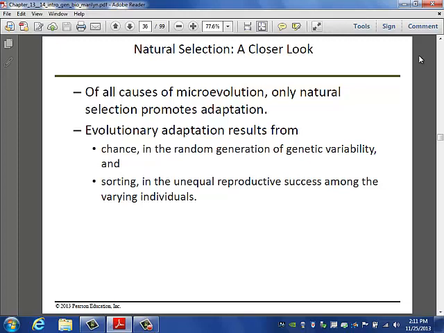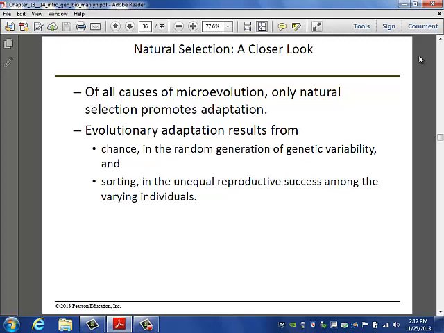Well, actually it does, because if you look at Hardy-Weinberg and that formula, guess what that is? So evolutionary adaptation results from change in random generation, genetics, variability, sorting in the unequal reproductive success among varying individuals. So it all comes down to reproductive success, doesn't it?